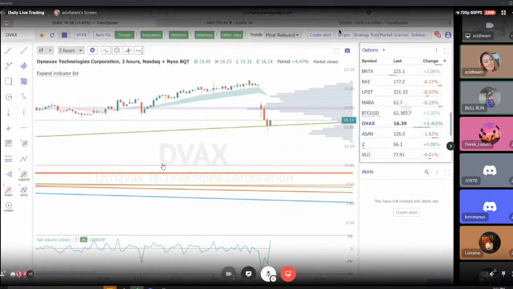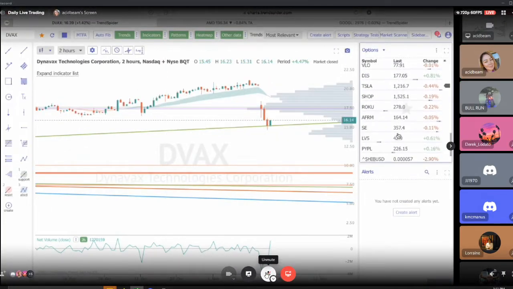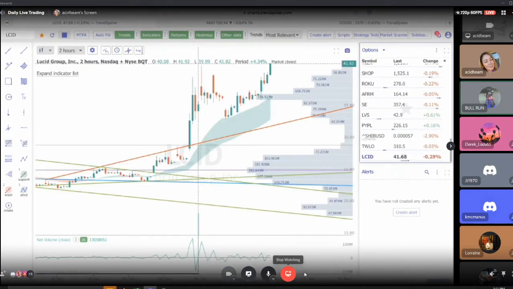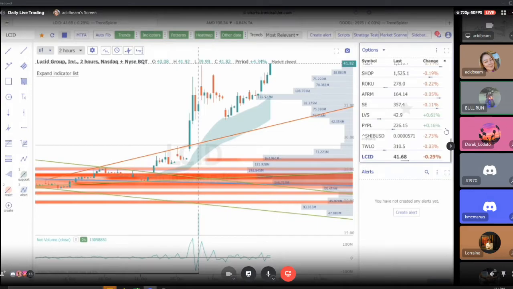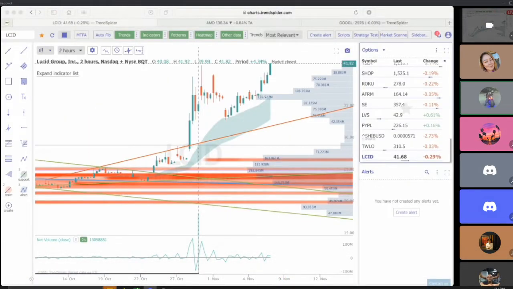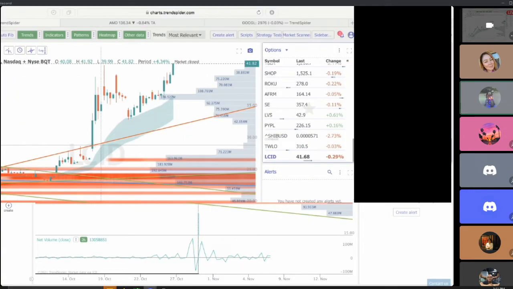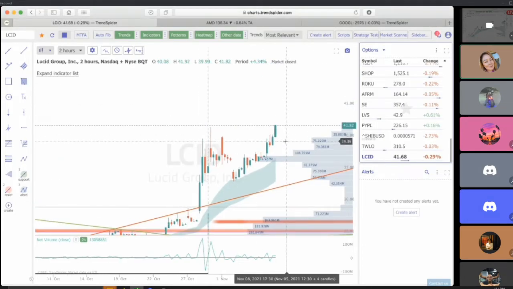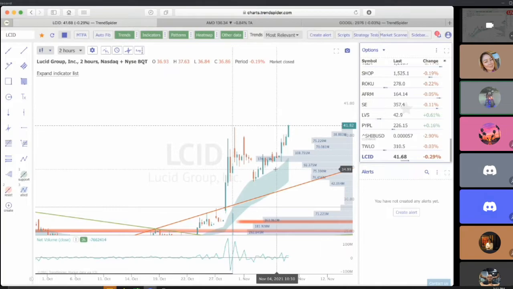We also had five $50 calls on Lucid for 11/19, and that totaled over 2 million in buyer volume, institution side. So in other words, they're thinking that it's going to keep going.